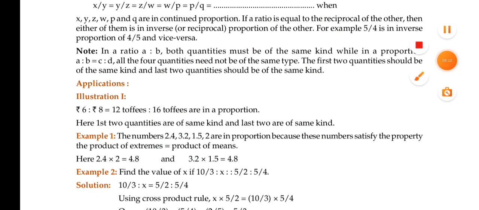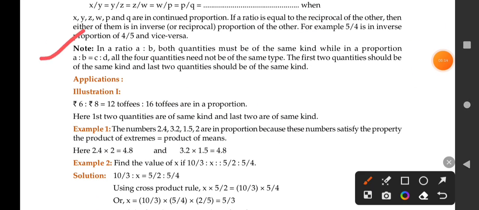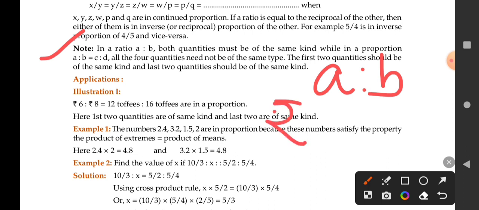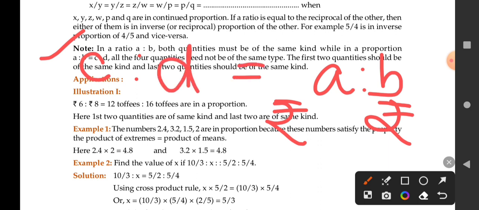Note, in a ratio A is to B, both quantities must be of the same kind. So in proportion and ratio, what is the difference? In a ratio, A is to B, both of them are in the same units, the same quantities. Maybe both are in rupees. And suppose there is another ratio C is to D, and they are in kgs.